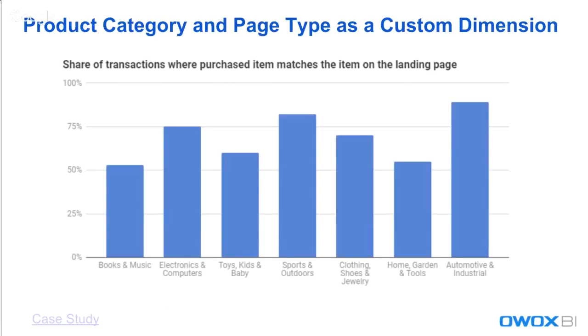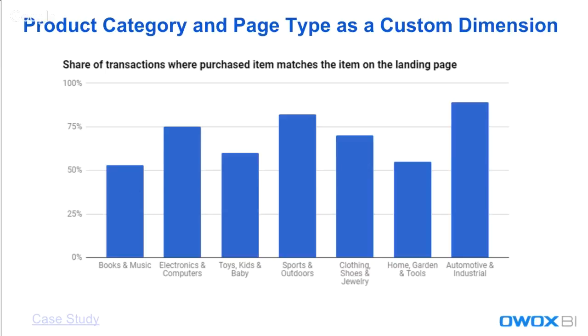I think you might be interested to see how sessions were distributed where a user landed on one page but bought a different product. In this report, you can see the share of transactions where a customer landed on one landing page with one item, for example books and music, and bought from this product category.